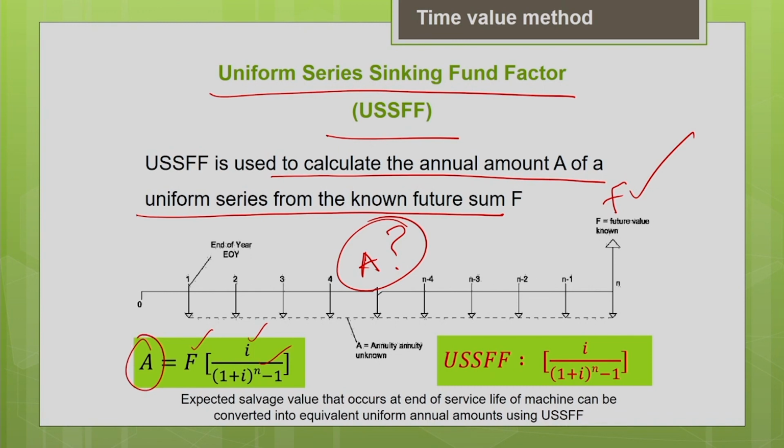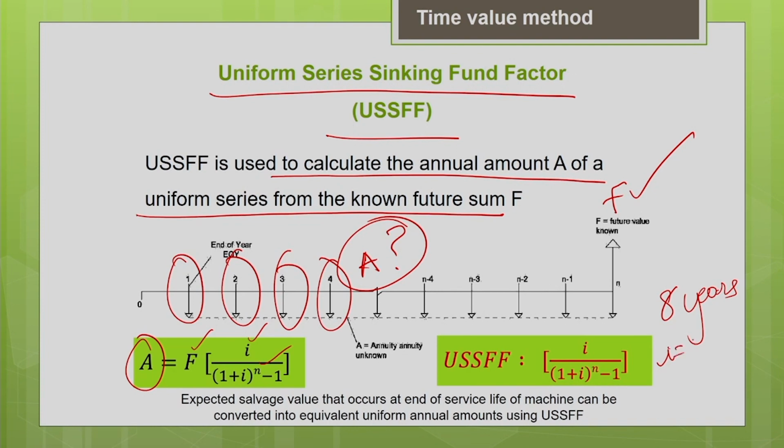So basically, how much money should I deposit in the bank every year for 8 years, the same amount, at the compounding interest rate of 8%, so that at the end of the 8th year I will be getting 10 lakhs? This is known. For every year, how much should I deposit at the compounding interest of 8%? This A is unknown. That is what we are calculating here.